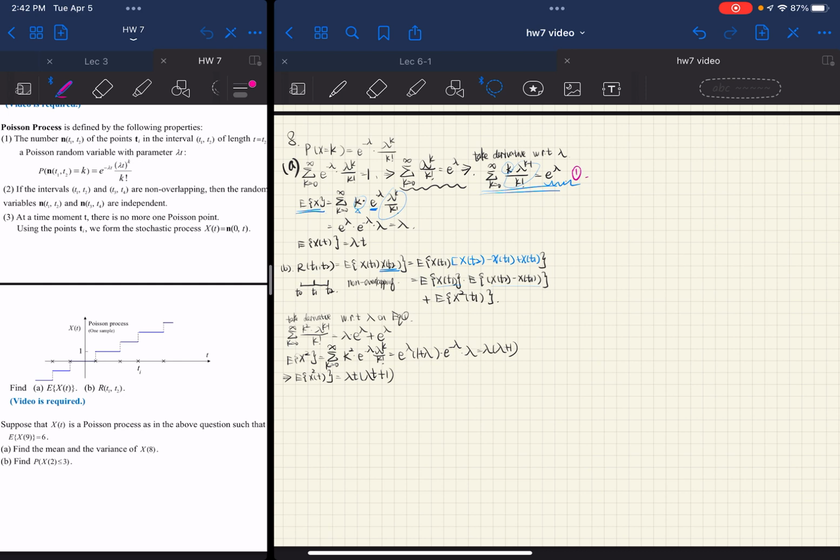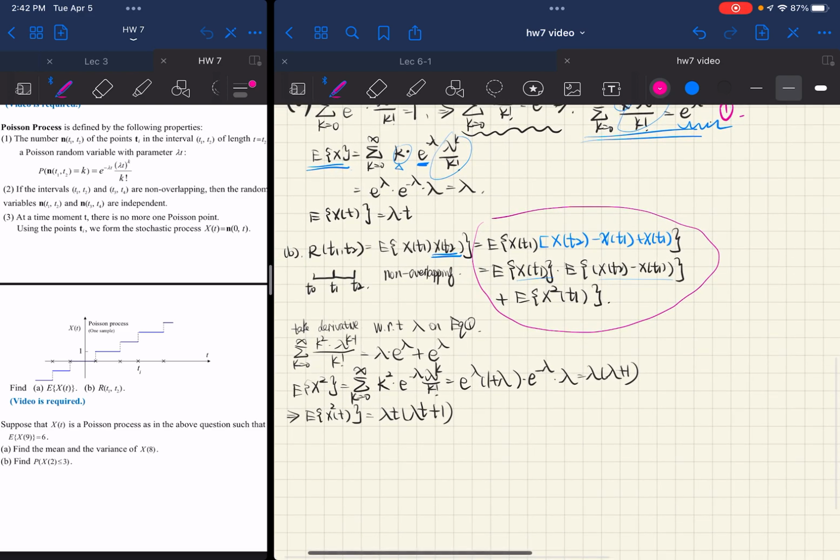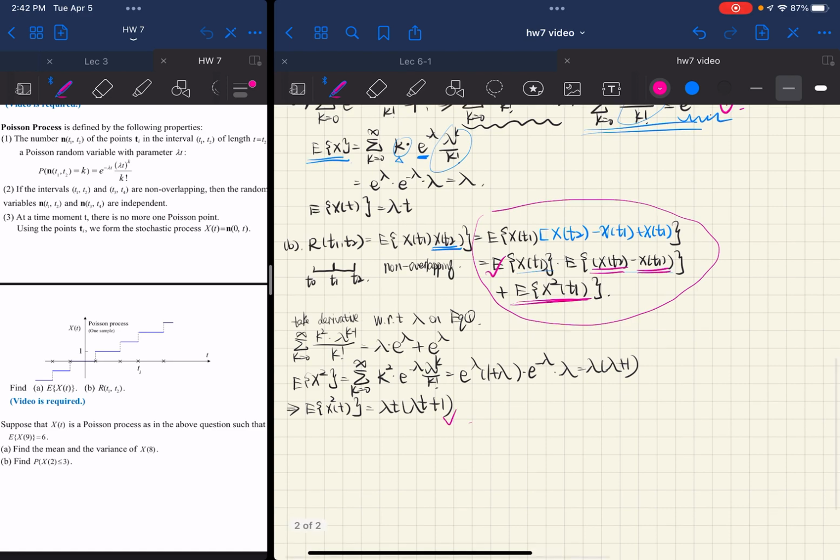To obtain this equation, we know this part from A, and these two can be separated also, and this we have calculated here.